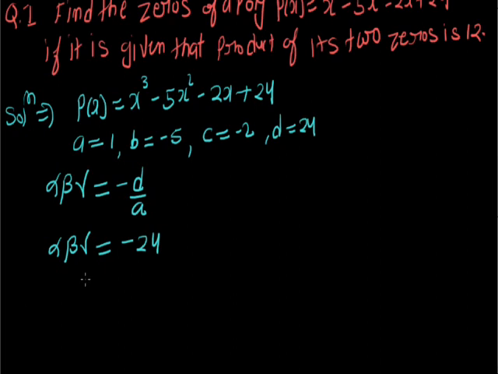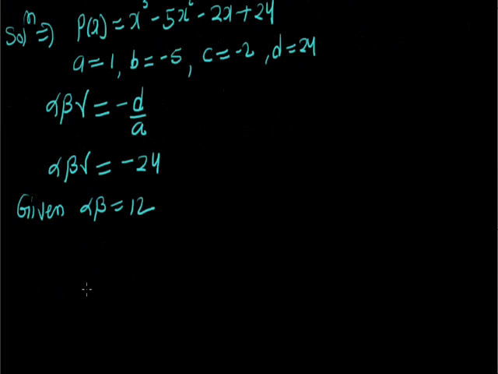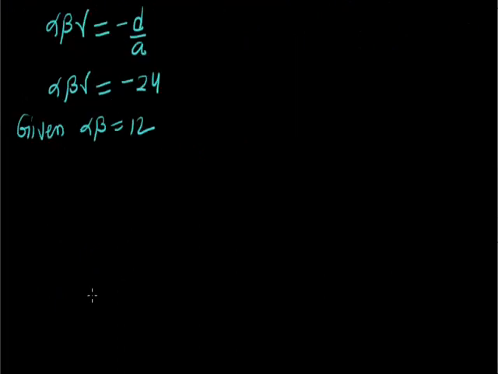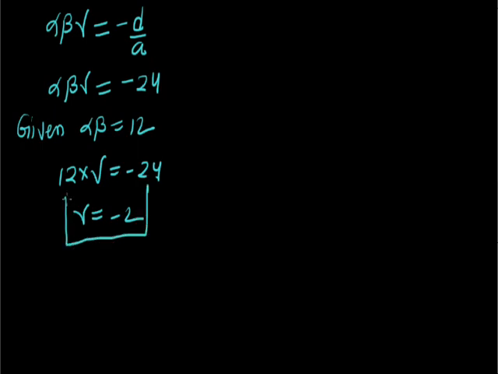Since in the question we are given that the product of two zeros is 12, that is alpha beta is equal to 12, if we substitute this in the above equation, we get 12 into gamma equals minus 24. So the value of gamma comes out to be minus 2. That is the first zero of our cubic polynomial.